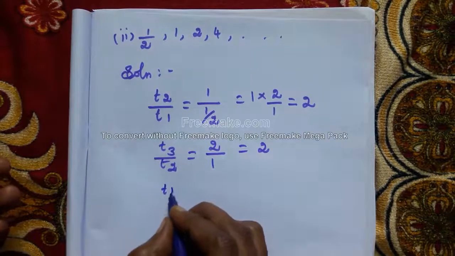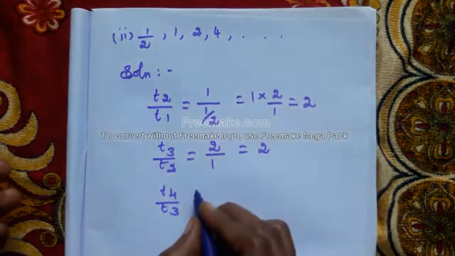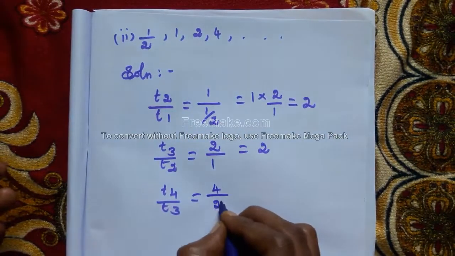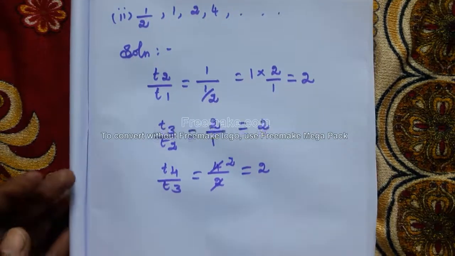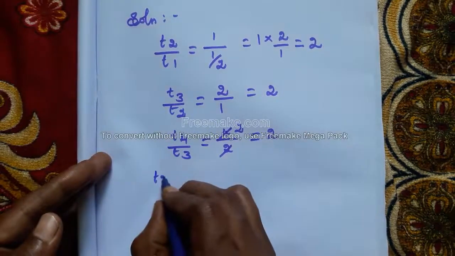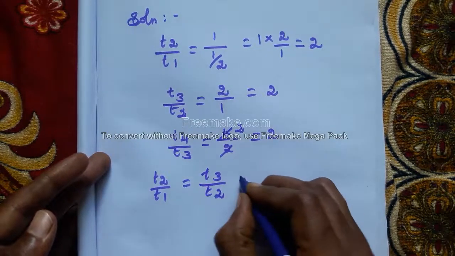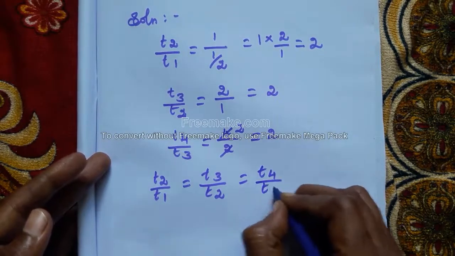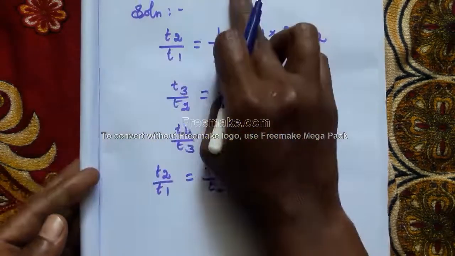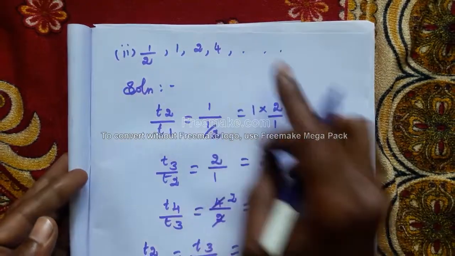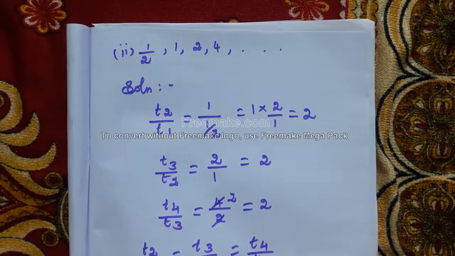Next, T4 by T3: T4 is 4, T3 is 2, so 4 by 2 is 2. It is equal, isn't it? T2 by T1 is equal to T3 by T2 is equal to T4 by T3. Therefore, the given sequence forms a GP. What is the common ratio? 2 is the common ratio.